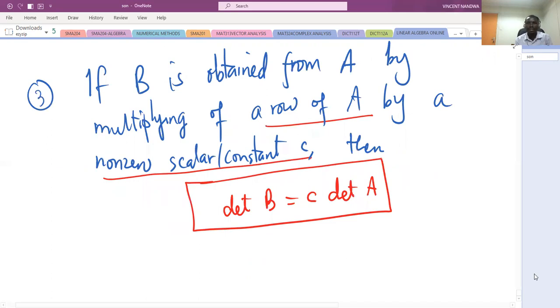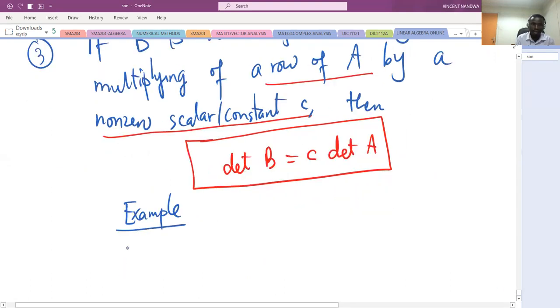Then the determinant is given by determinants are related by this. So for example, if I have my matrix A to be given by 2, minus 8, minus 2 and then 9, you see that I can say this first row, 2 is common.